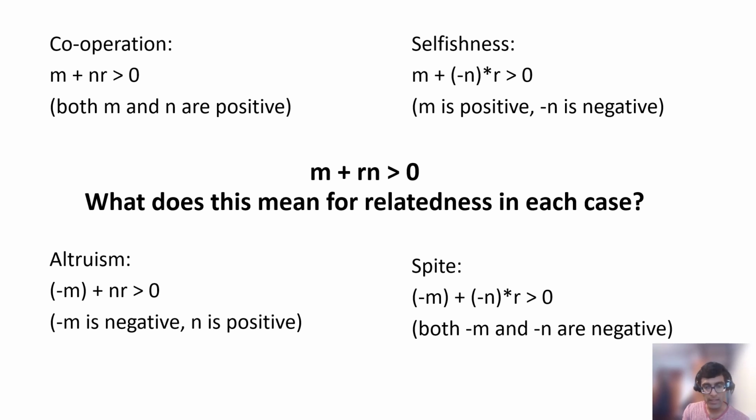In the case of spite, we have the situation where both m and n are negative, and what that requires is that r also has to be negative. If you just think about the mathematics, a negative number plus a negative number is always going to be less than 0. So what you need is r to be negative to make this nr term a positive number, and that might exceed the value of m.